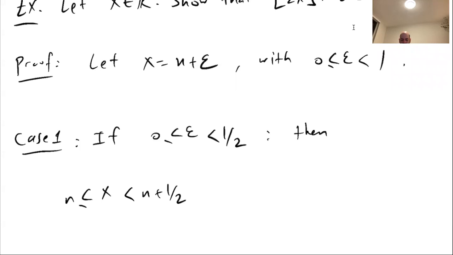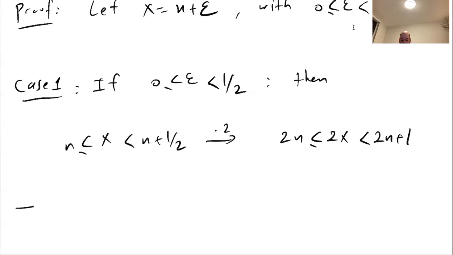Because x is n plus epsilon and epsilon is less than 1/2 by my assumption in case 1. So if I multiply by 2, 2n ≤ 2x < 2n+1. So how much is floor of 2x? Floor of 2x would be 2n, because now 2x is put between two consecutive integers, 2n and 2n+1.